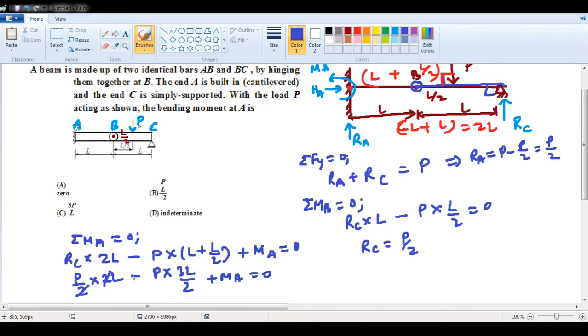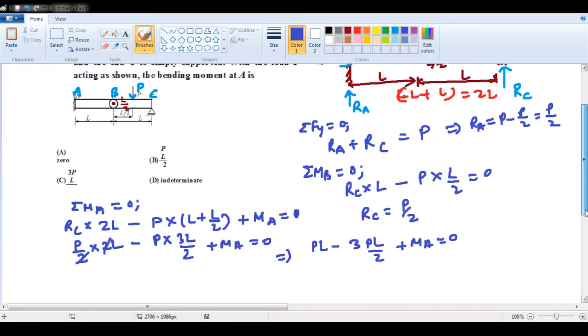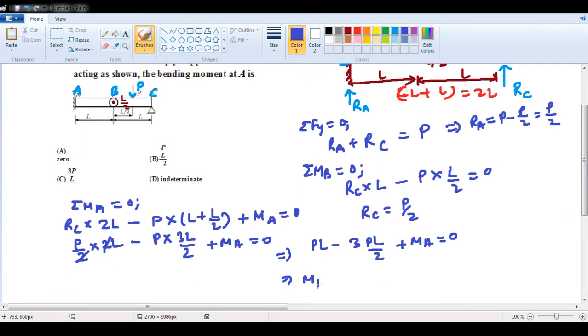So this is PL minus 3PL by 2 plus MA is equal to 0. From there I can find the value of MA. MA will be 3PL by 2 minus PL, that is what we get finally, PL by 2. So the moment at A will be PL by 2.